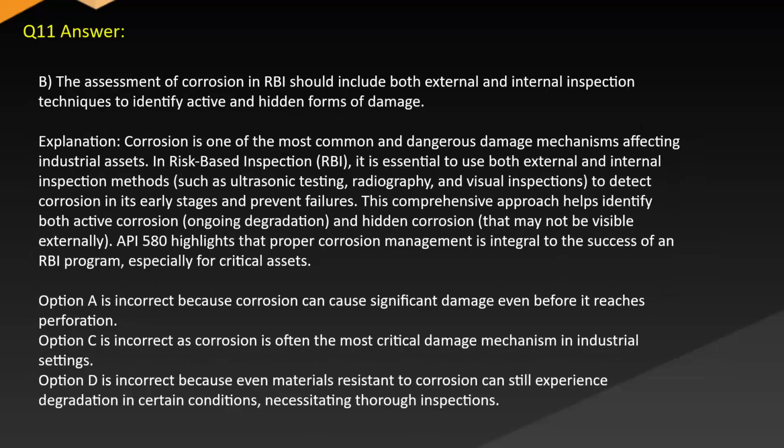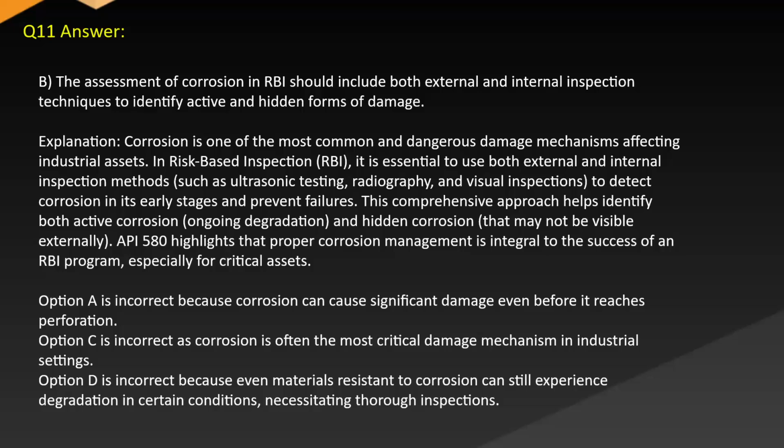Answer. B. The assessment of corrosion in RBI should include both external and internal inspection techniques to identify active and hidden forms of damage. Explanation. Corrosion is one of the most common and dangerous damage mechanisms affecting industrial assets. In risk-based inspection, RBI, it is essential to use both external and internal inspection methods such as ultrasonic testing, radiography, and visual inspections to detect corrosion in its early stages and prevent failures.